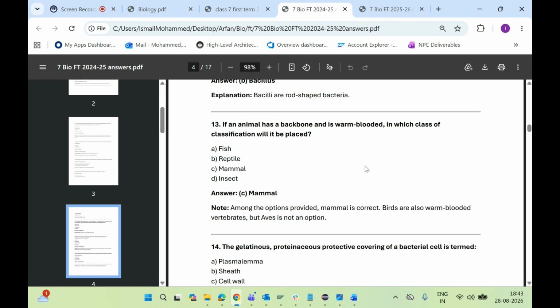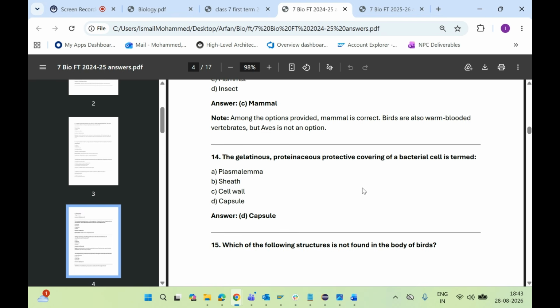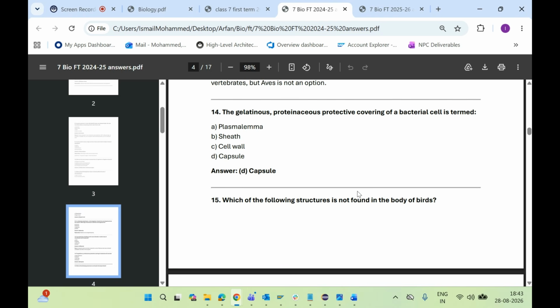If it has a backbone, it means vertebrate, and warm-blooded, so basically it is a mammal. Next one, the gelatinous protective covering of a bacterial cell is termed as capsule. Capsule is nothing but the gelatinous protective covering of a bacterial cell.